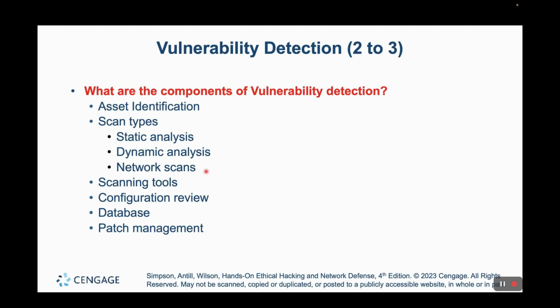Now we also have network scans against firewalls, routers, and switches to identify potential vulnerabilities. So what scanning tools are there? There are different scanning tools like Nessus and OpenVAS for network vulnerabilities, and you have other scanners for application vulnerabilities like Checkmarx, and many more.